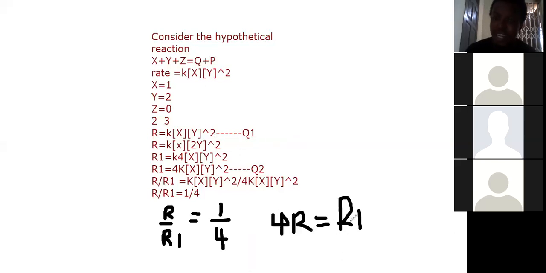So this is not in order 1, this will be in order 2, because when this one was doubled, the rate increased in 4 folds. So it's in order 2.